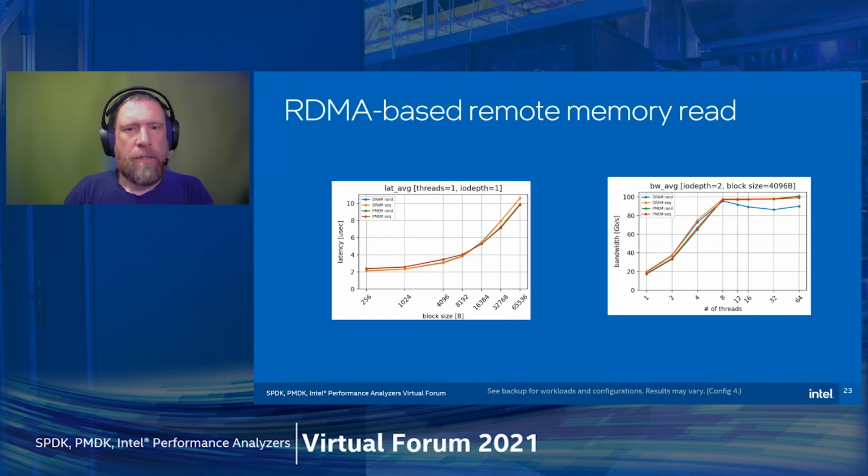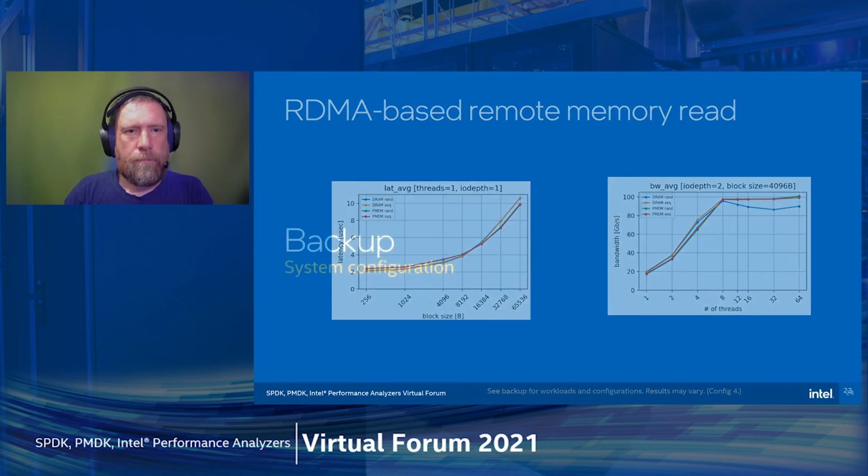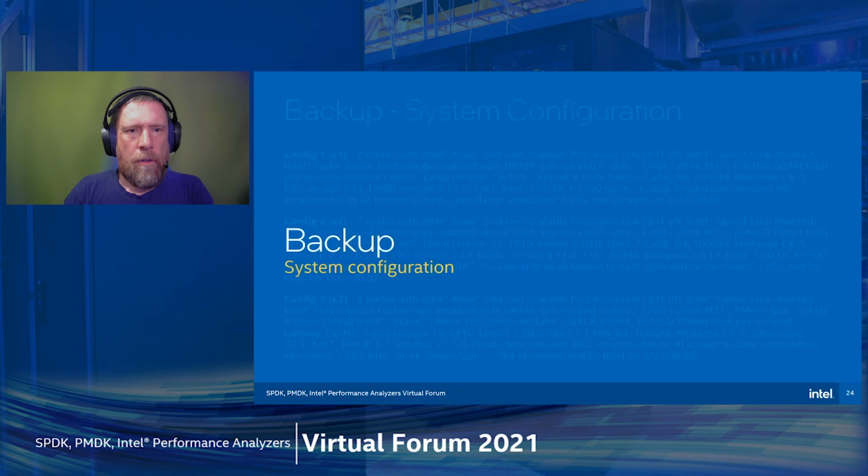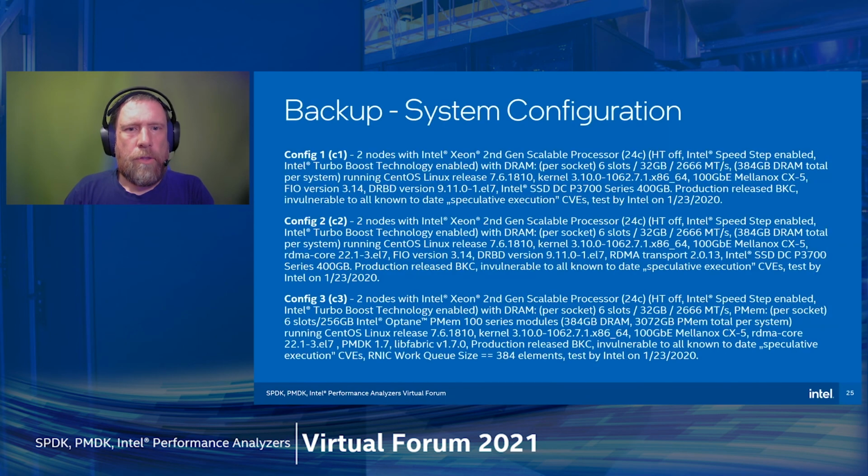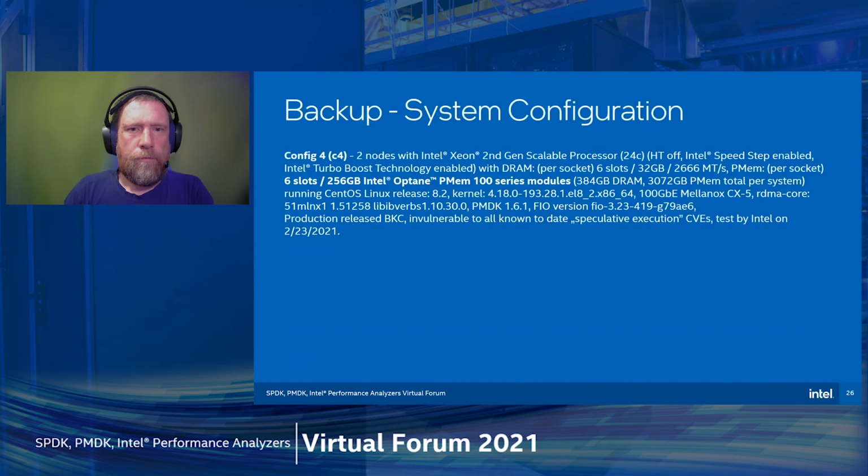Persistent memory may serve remote reads better than DRAM because it's solely dedicated to the user application, where DRAM is dynamically shared between various processes and the operating system. So if you want to run your own benchmark, you could reuse configuration that PMDK team used for performance results just presented.